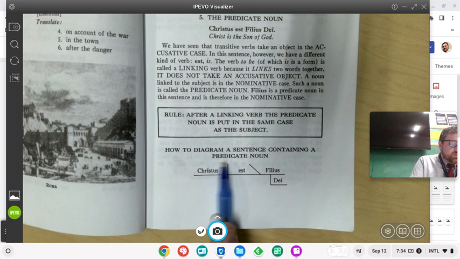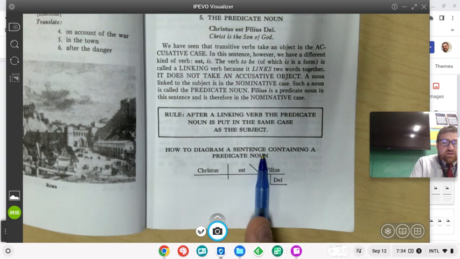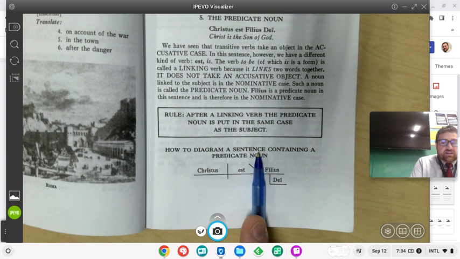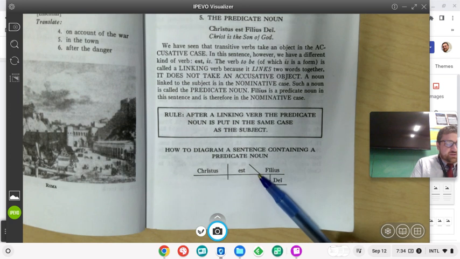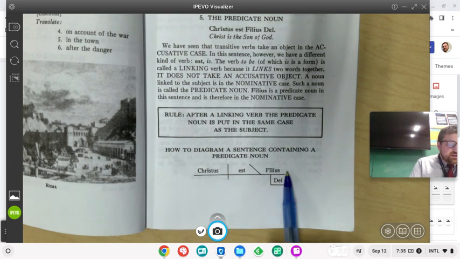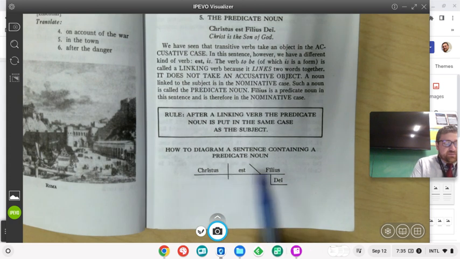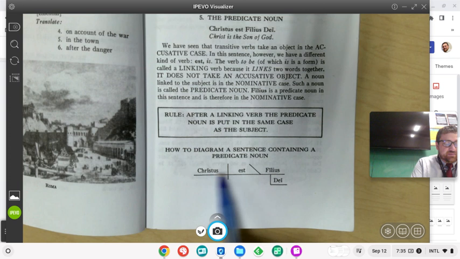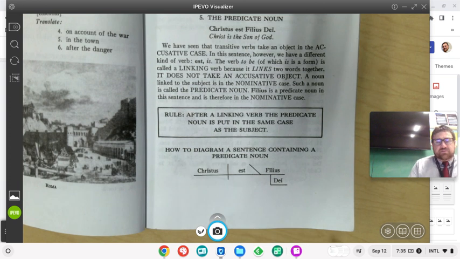And typically we diagram them with lines standing straight up and down like this. But if you have a predicate nominative, we're going to slash it back towards the true subject of our sentence, because it's like pointing back at, oh, this is nominative because this is nominative and this is the same thing as this. So hopefully that makes sense.